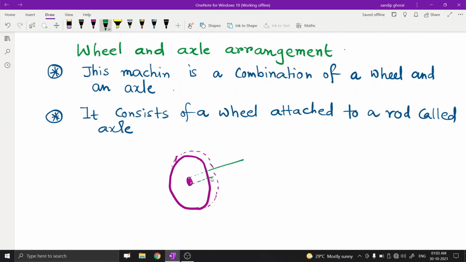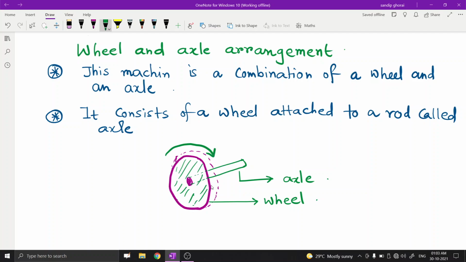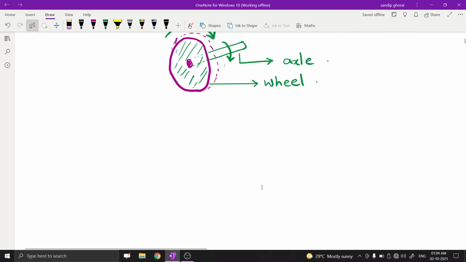This is your axle and this is your wheel. When the wheel rotates in the clockwise direction, the axle also rotates in the clockwise direction. So this is a simple block diagram of the wheel and axle arrangement.